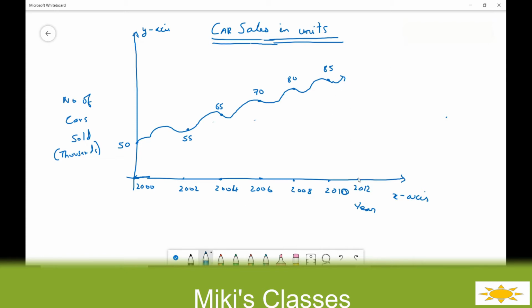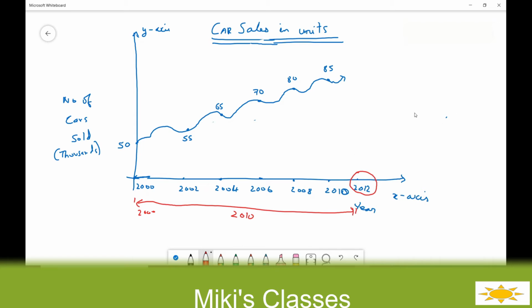So we do not have the figures for 2012. But on the basis of this entire history up till 2010, from 2000, we will try to make a projection for how much it will be in 2012.